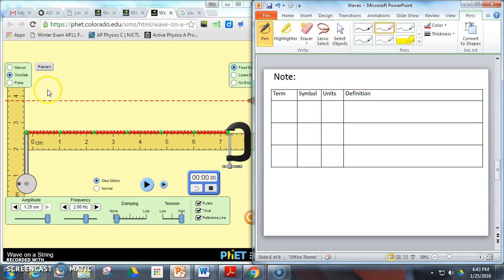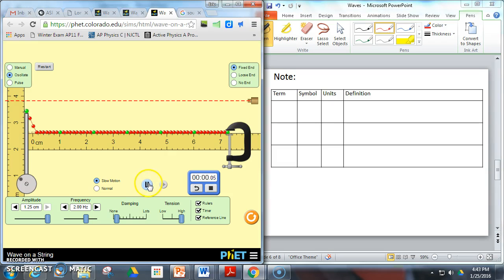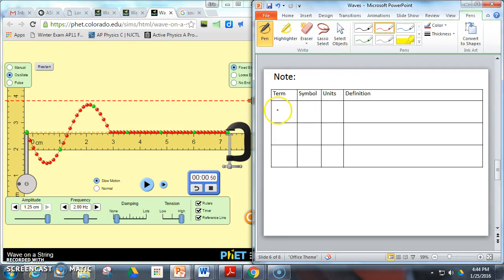So let's start off by creating the wave and talking about a definition we already know. As time goes along, these beads will move up and down, so we know that it's a transverse wave. And wavelength, this is a term, wavelength.